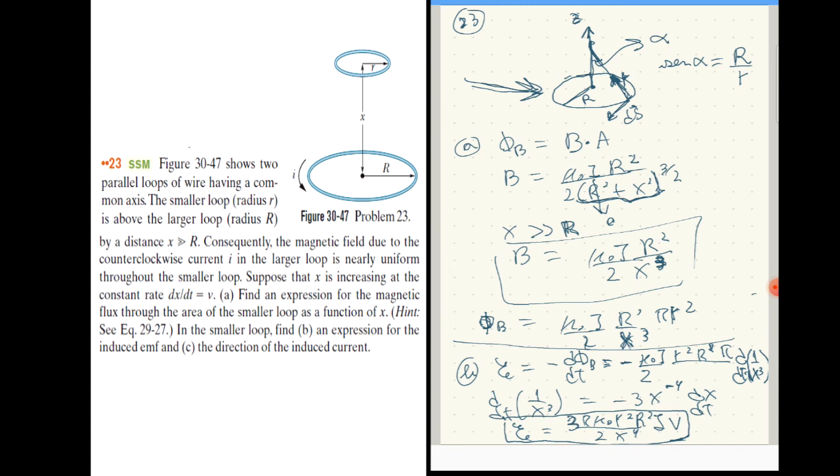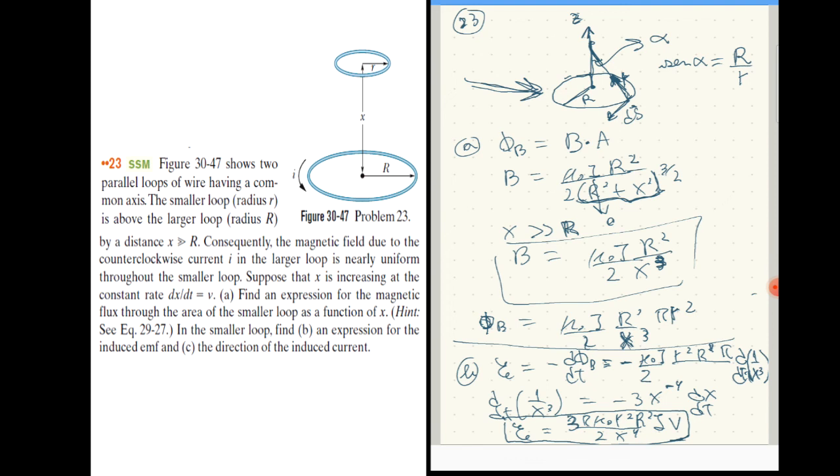If the little coil is going away from the bigger coil, you expect the magnetic flux to decrease, because the magnetic lines will be less dense, I think that's the name.